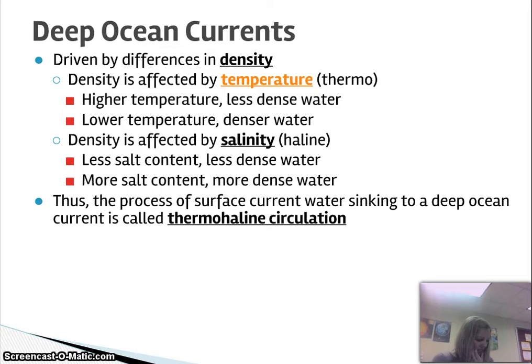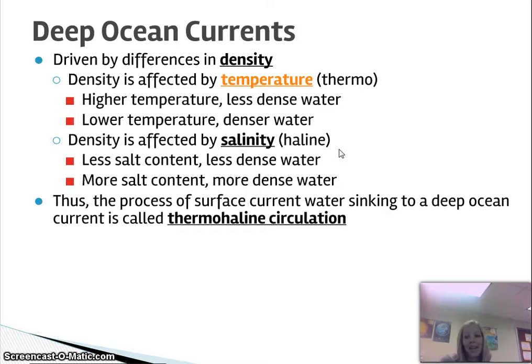The next thing that you have on your paper is to describe the process of thermohaline circulation. If you look back up here, you'll notice that beside temperature, one of the factors for density changes, is the word thermo, because thermo is related to the word temperature. And haline, I don't know if you remember me talking to you the other day, is also up here beside salinity.